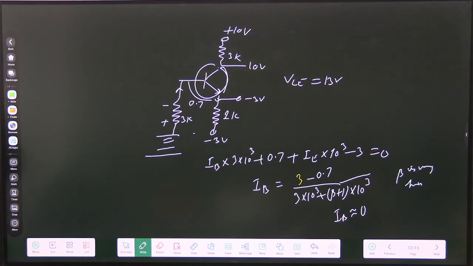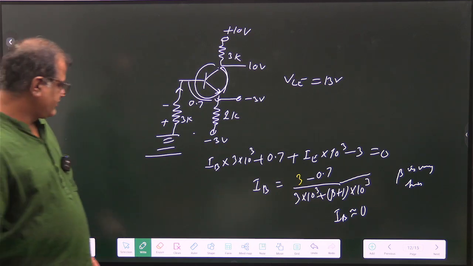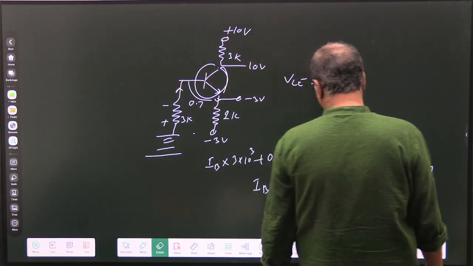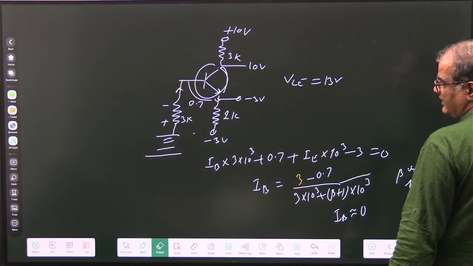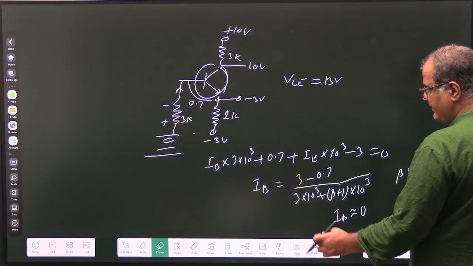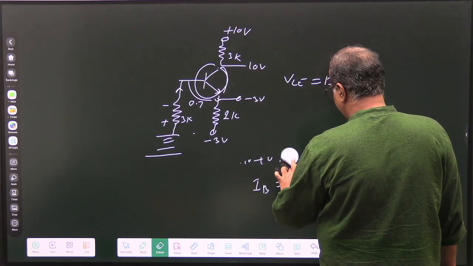What are you saying? IB is equal to beta. Right? Yes. So there will be beta plus 1 in the denominator. Okay. So what are they doing in the question? Okay, we are taking IB as negligible. So if I take IB negligible, directly I can find IE from here.